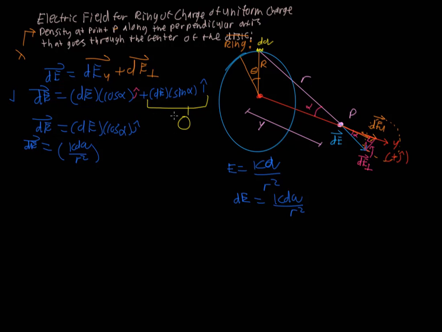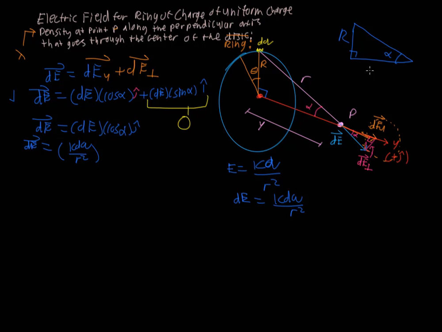And so if we look at this distance right here, cosine alpha, so we want to take this triangle. Something like this. So this is where alpha is, and this is my right angle right here.